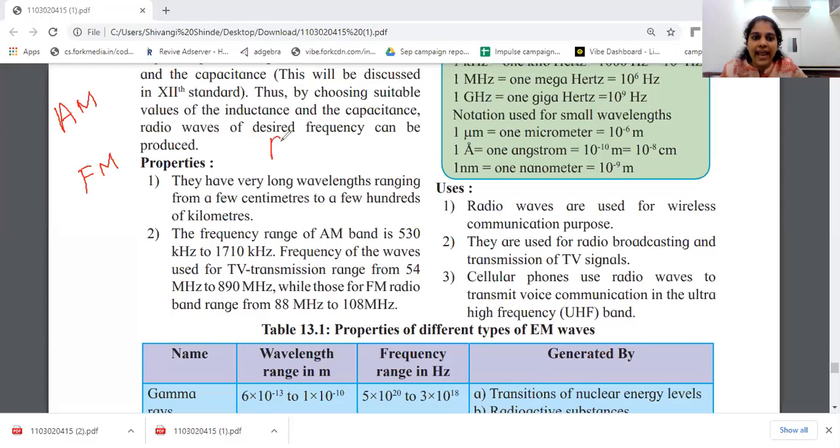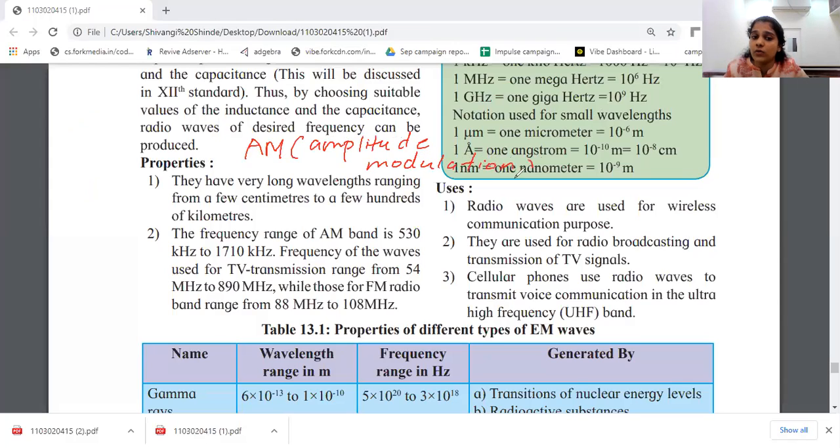See students, your AM stands for amplitude modulation. Lendroy, please answer if you know. Yes, correct, very good, Lendroy. AM stands for amplitude modulation.